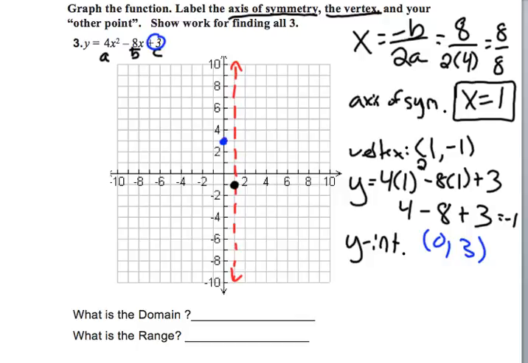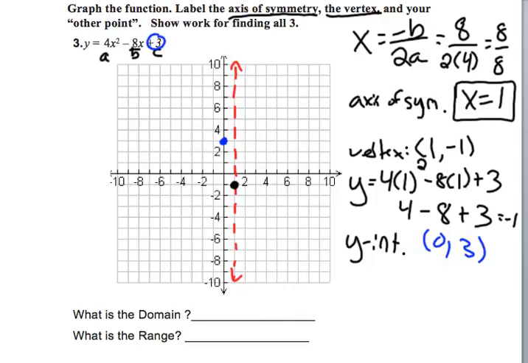All right, and then it talks about some other point. Remember, the other point that you're looking for should be on the same side of the equation as your y-intercept is. So my axis of symmetry is at 1. My y-intercept is at x is 0.